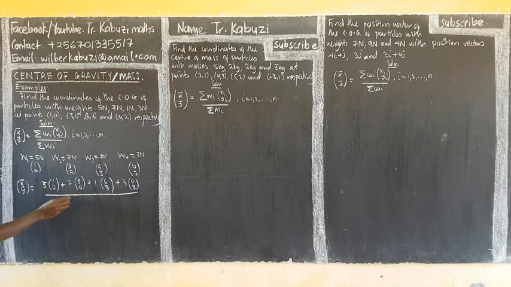So 5 plus 7 plus 1 plus 3. So what do we get up? This is 5 plus 21, that's 26. Plus 6, this is 32. So up we have 32.